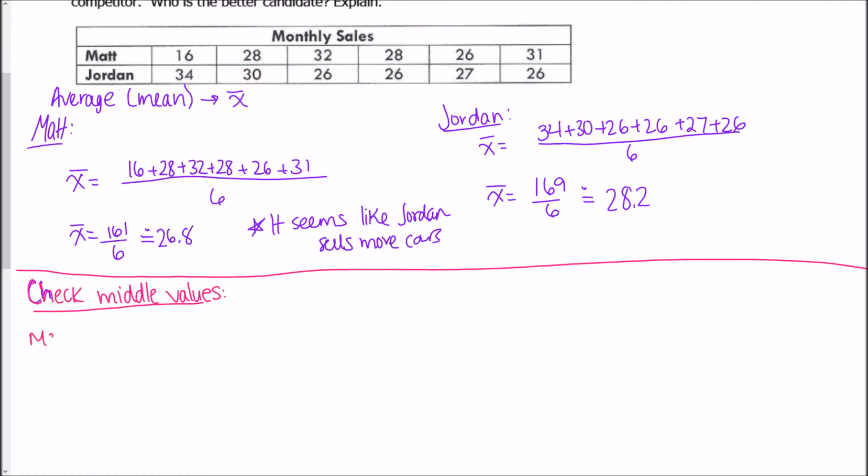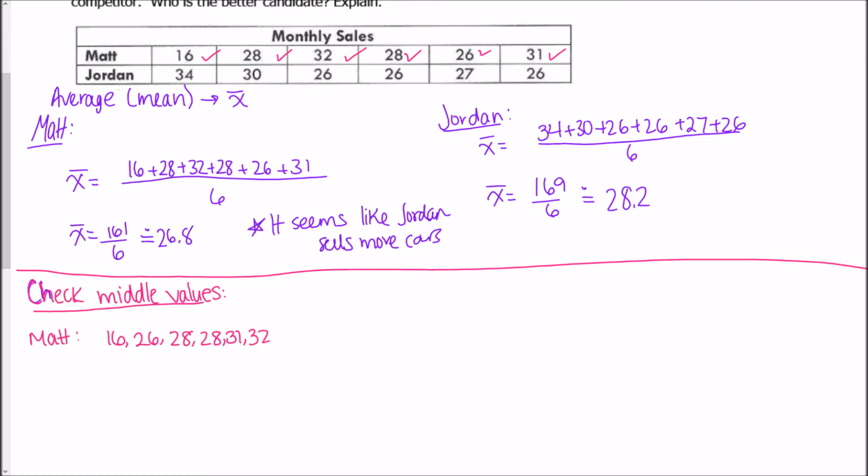So for Matt, right here, the smallest number that we have here is 16. Okay, then after 16, the next number that we have is 26. And then the next number is 28. And then we have another 28. And then we have a 31. And then we have a 32.